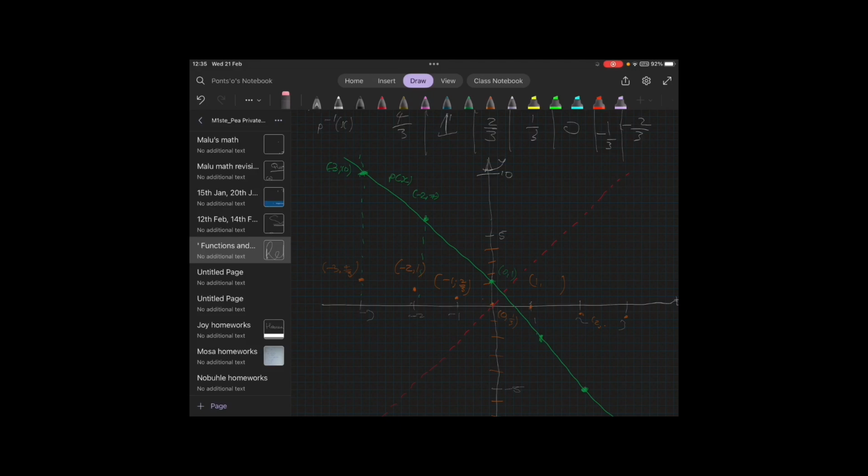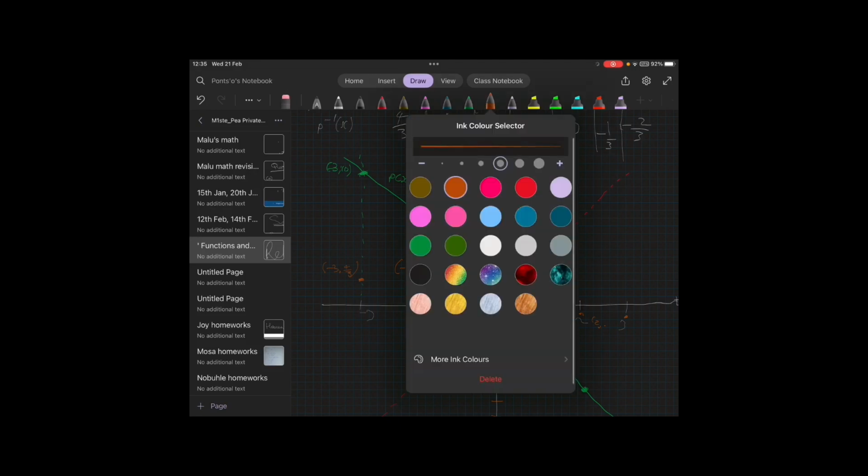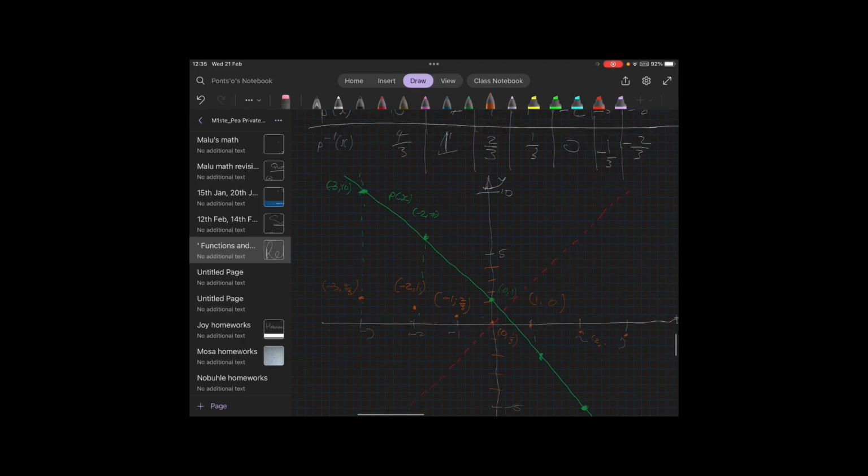No, that's supposed to be 0 there. Why don't you stop me when I'm writing -1/3 instead of 0? -1/3, and this here is 3 is to -2/3. Alright, so I hope it's straight-ish.